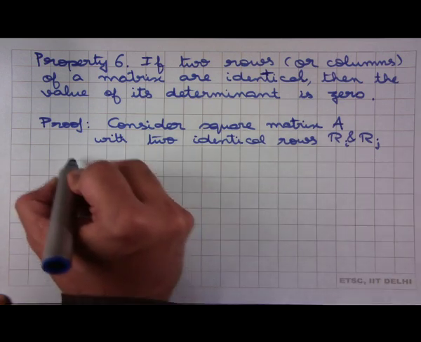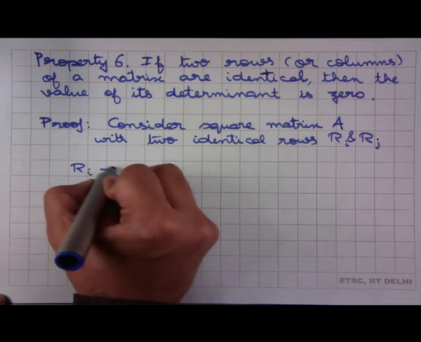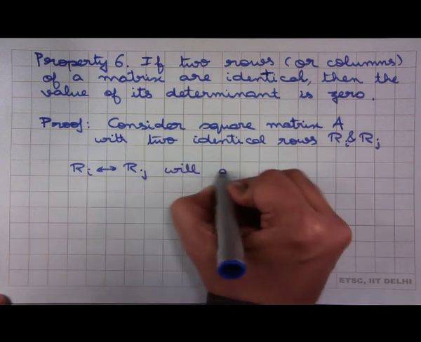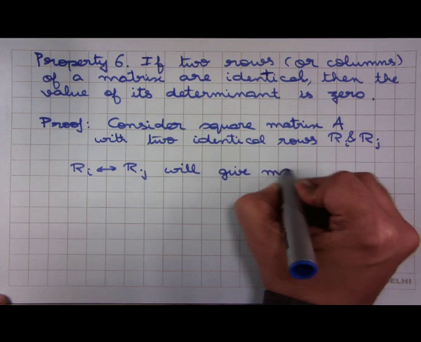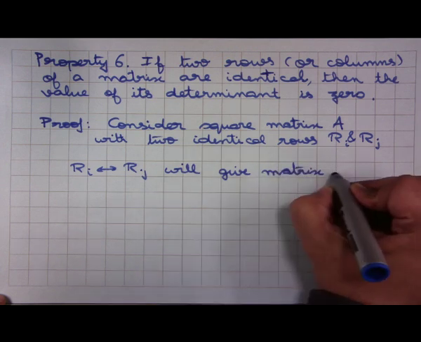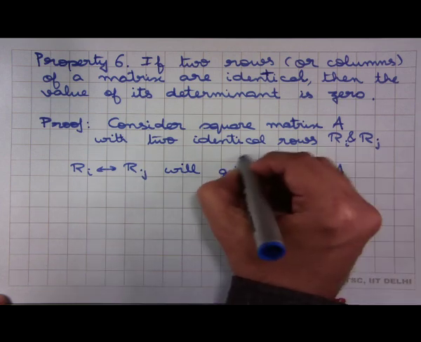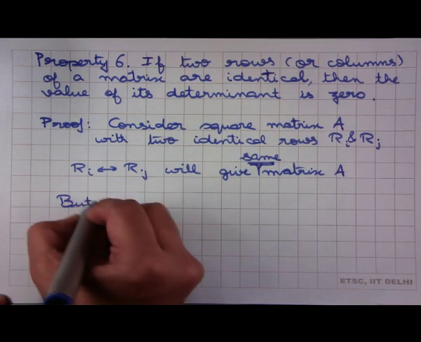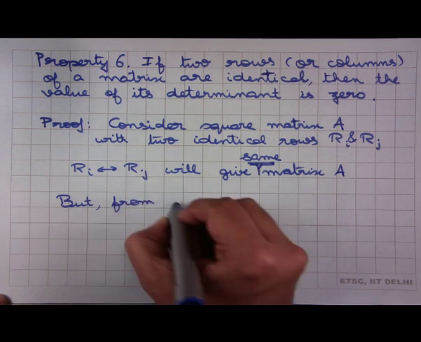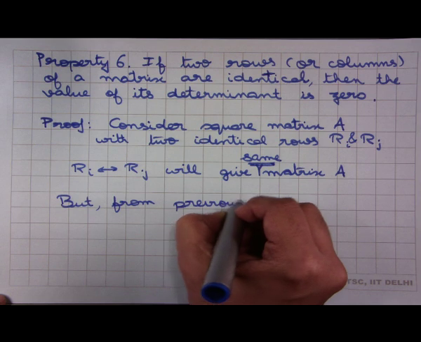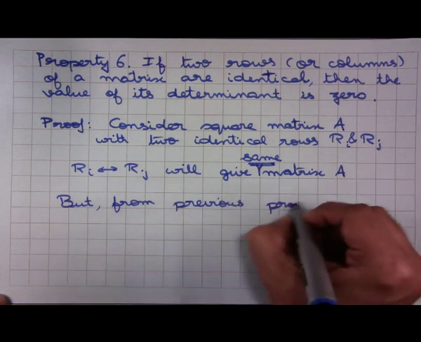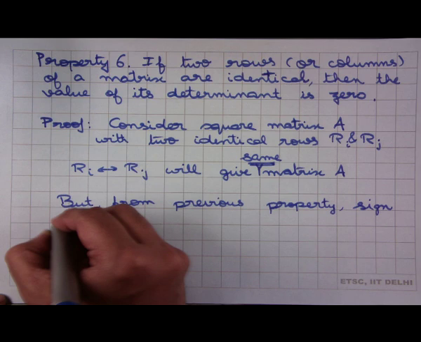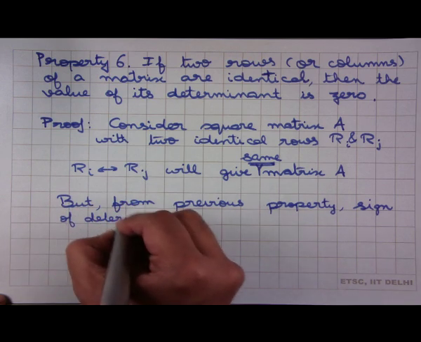We know that interchanging the rows R_i and R_j will give the same matrix A, but from the previous property the sign of the determinant changes.